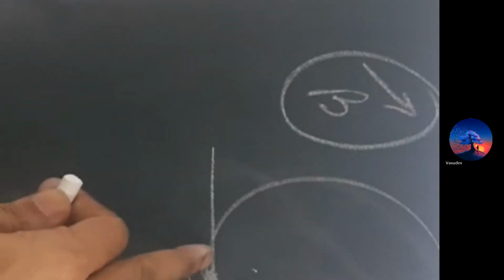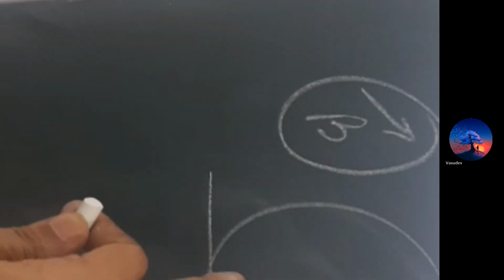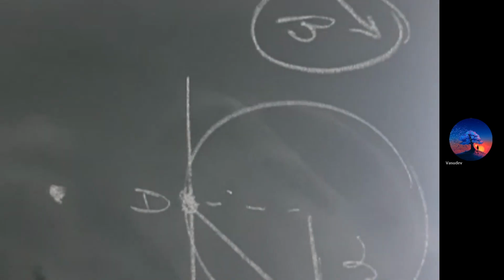If V is equal to 2R omega at a distance R, the mistake students generally make is to integrate from 0 to 2R. You are not to integrate from 0 to 2R; you have to integrate from the presence, which commences at R, so from R to 2R.